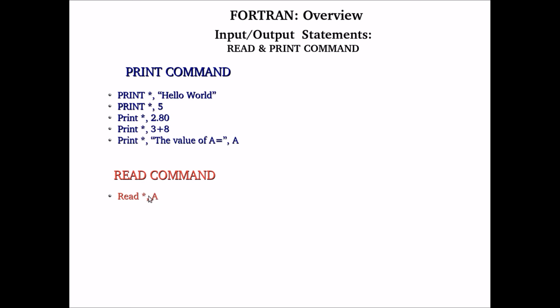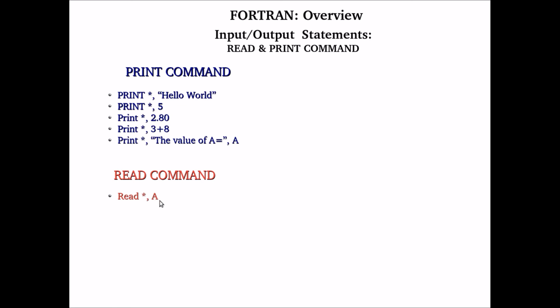It basically refers to a memory location which I have named a in the computer, where whatever I want to store during execution of the program will be read from the keyboard. Read star means read from the user whatever he types on the keyboard. Star refers to keyboard here, the default input unit.